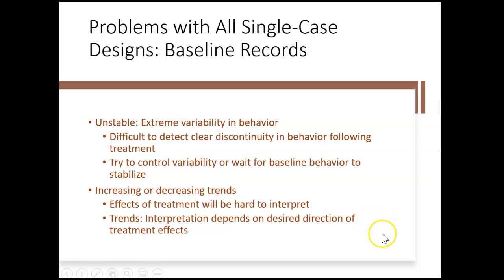People are messy and their behaviors are sometimes unpredictable. So trend interpretation is going to really depend on whether or not the trend is in the predicted direction, and if it is a stable change. If you have lots of variability, or if the trend goes in the opposite direction as what you were predicting, then you have an interpretation problem.